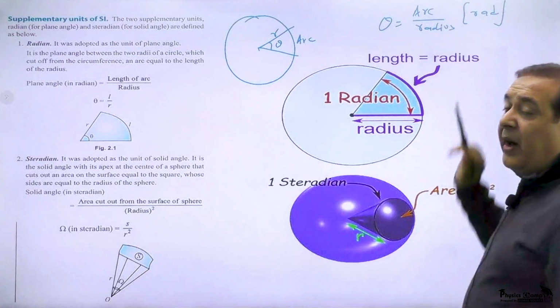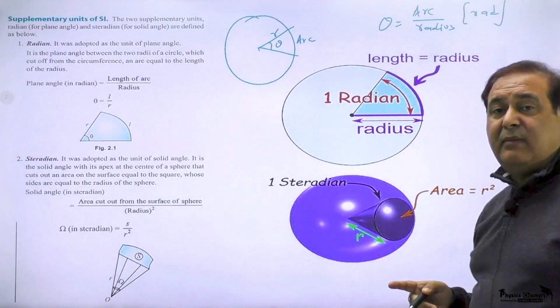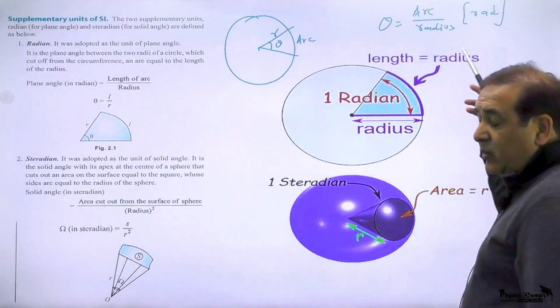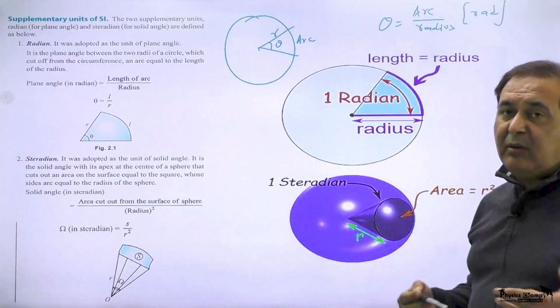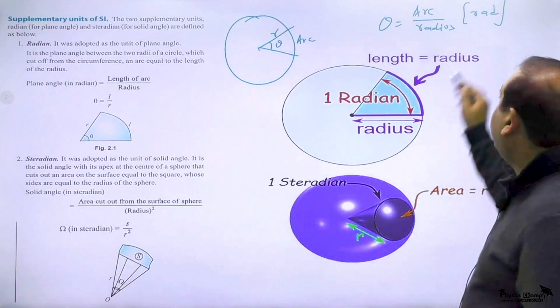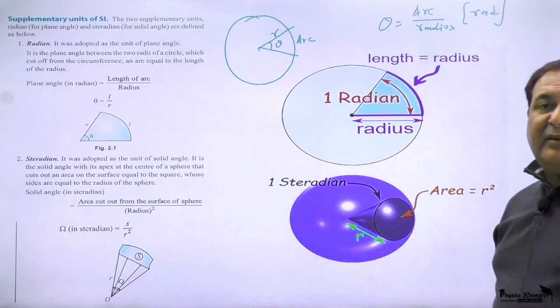Otherwise, the unit of arc is length, meter, and the unit of radius is also length. So it seems to have no unit, meter by meter, but here we represent it as radian.